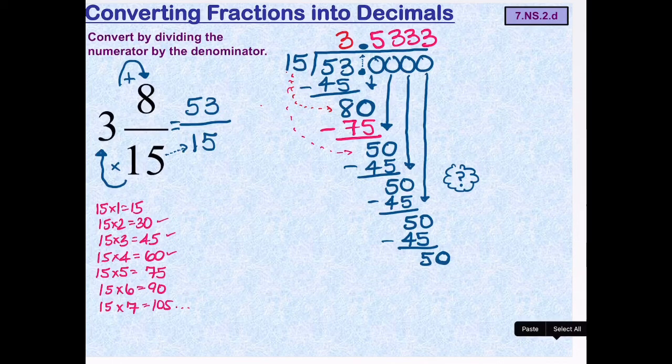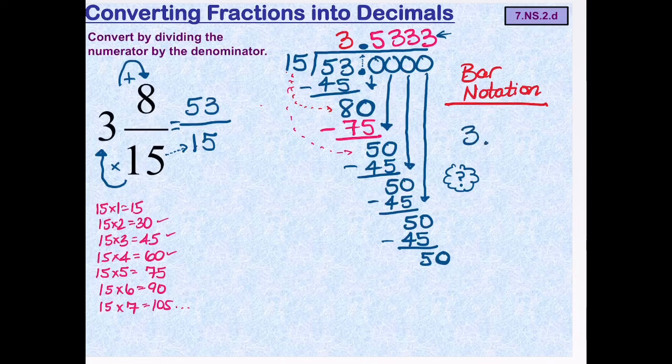So it's always going to be this repeating pattern of 3's. 3, 3, 3, 3, 3, 3, 3. So the way we handle that is with this thing called bar notation. Now, bar notation basically just means put a bar above the number that's repeating, only the repeating digit.